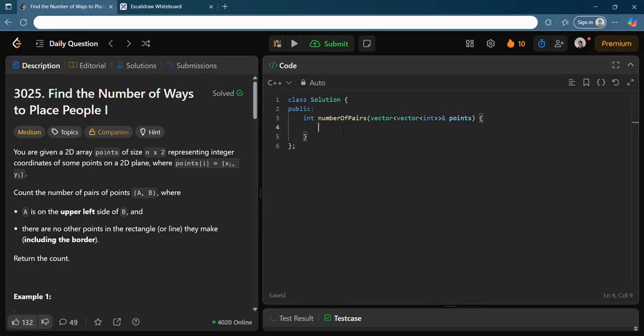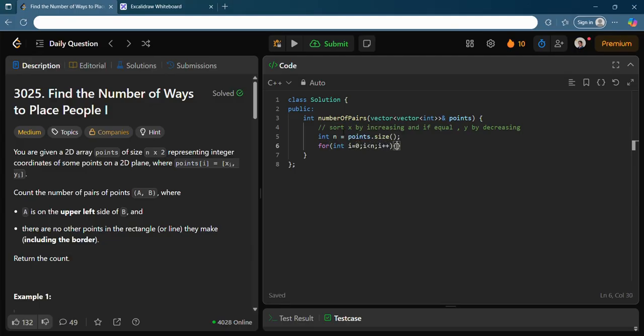So first I want to sort by x increasing, and if x is equal, by y decreasing. In order to do that, as I had already told you, what you are going to do is very simple and easy. Take n as points.size and go through the whole loop.